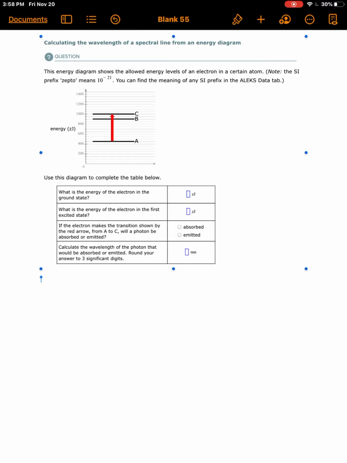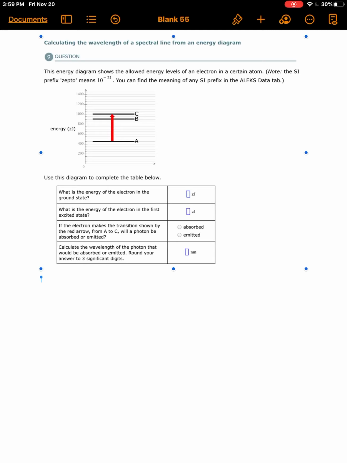What happens to the weight of a sponge when it absorbs water? It increases, right? If you squeeze the water out, it decreases. It's a similar phenomenon here. The energy of an atom increases when it absorbs the energy of a photon. So the electron is moving up, and that's absorption.